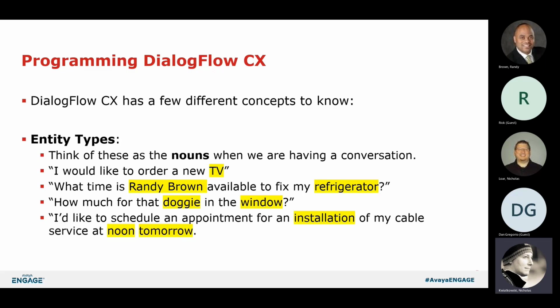All those words that I highlighted are entities. Those are things I can capture and then make decisions based off of. They're also items I can write to a database, or use with what they call webhooks, essentially connections to my ColdFusion server to do things with. So that's really what an entity type is, and there are certain ways you can define those, which I'll show in just a moment.